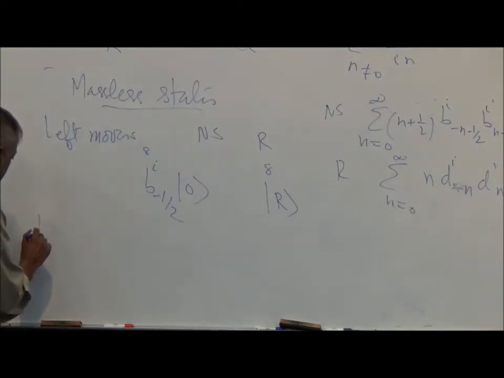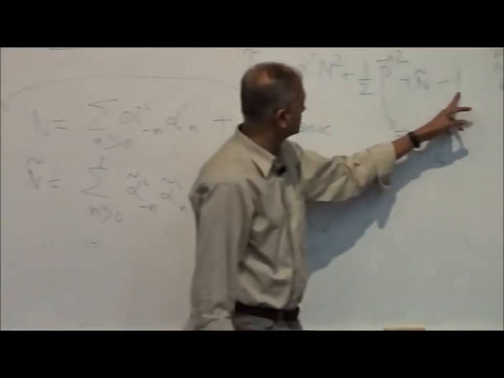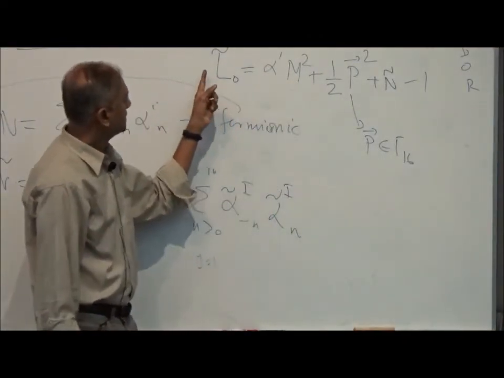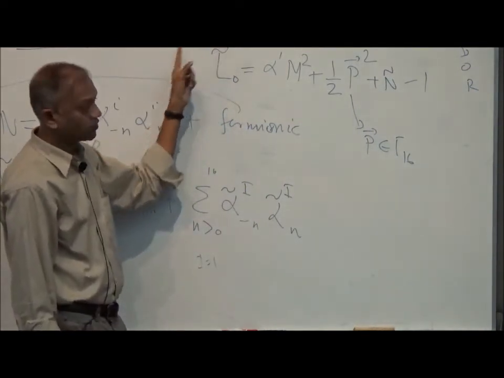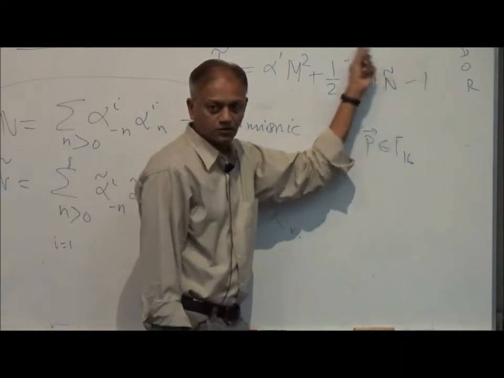Now what about the right movers? Because this is the new thing now. In the right movers, the intercept is 1. To have m squared equal to 0, remember that on the physical state L0 tilde and L0 should be equal to 0, so this quantity must be equal to 0.